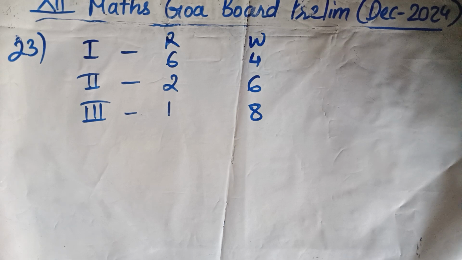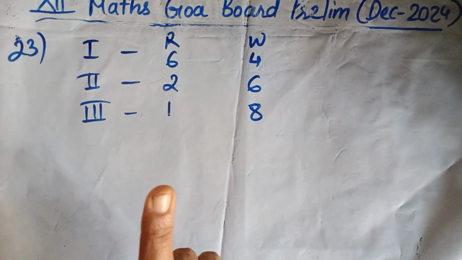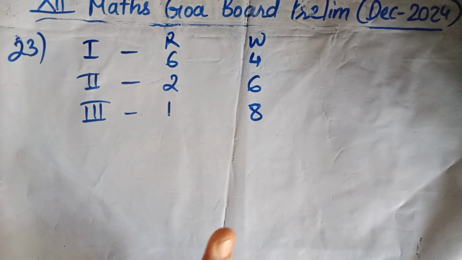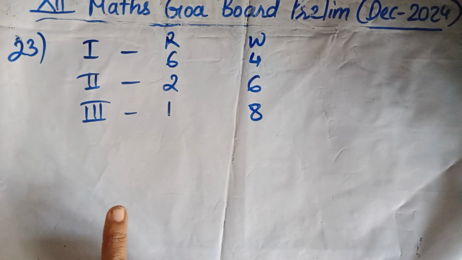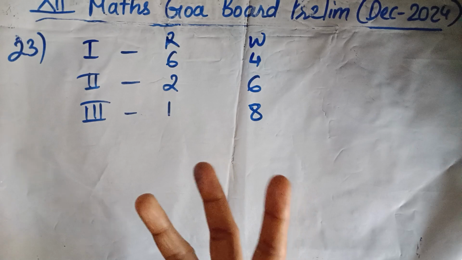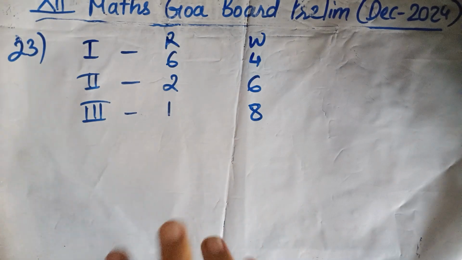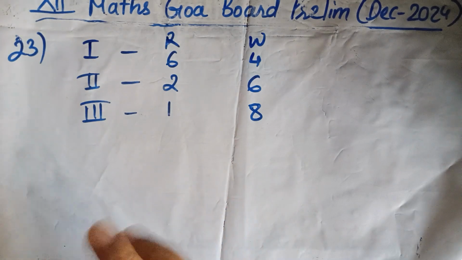So we want the probability of the ball being from urn 3. It should not be from urn 1 or 2, so it should be from urn 3. Looking at the question, you can identify that it is based on Bayes theorem.